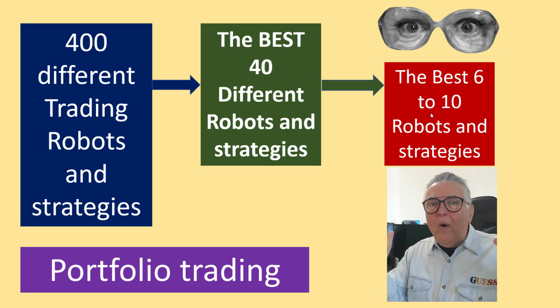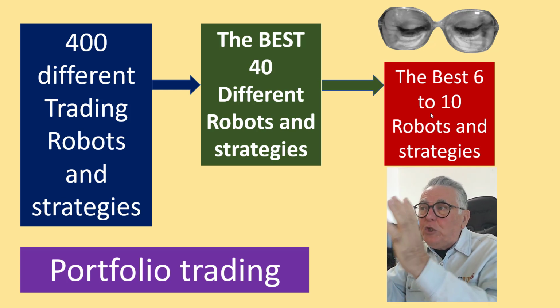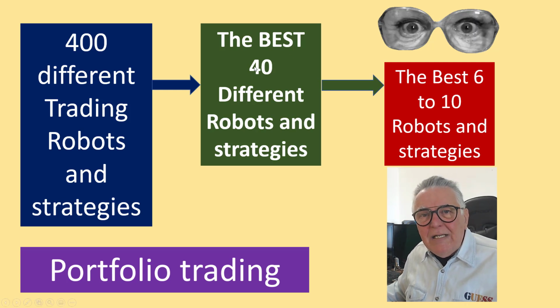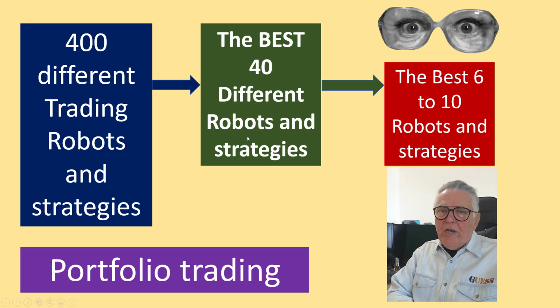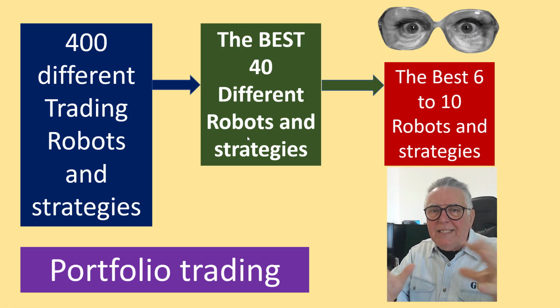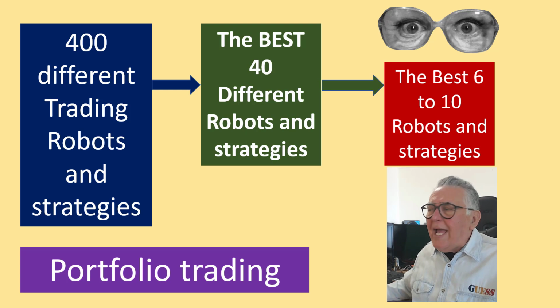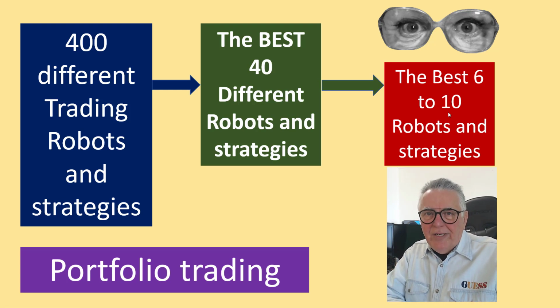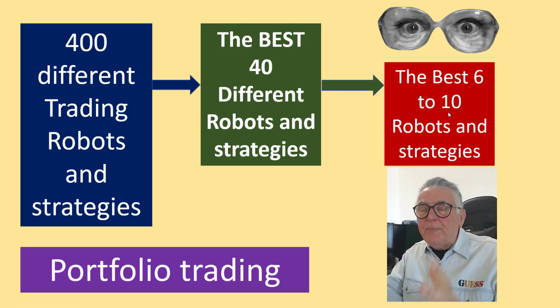I will show you how one of our clients has created 2 portfolios where they are testing the various settings of the robots and the different combinations of robots, time frames, settings, and so on, with the aim of moving it into the best live portfolio that they can trade. And this is the recipe for success.